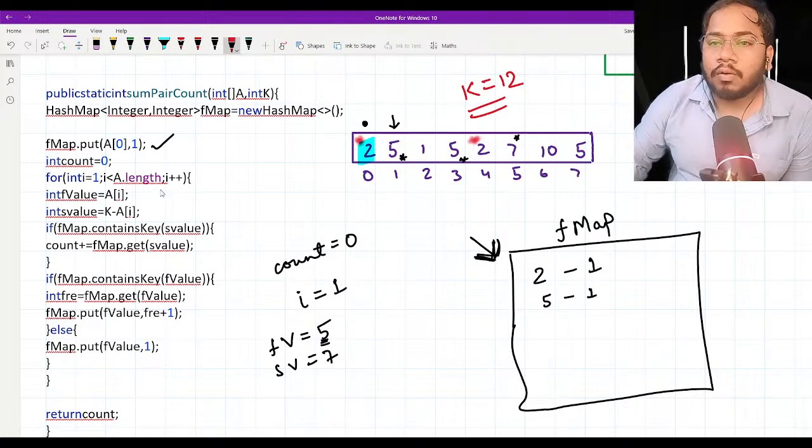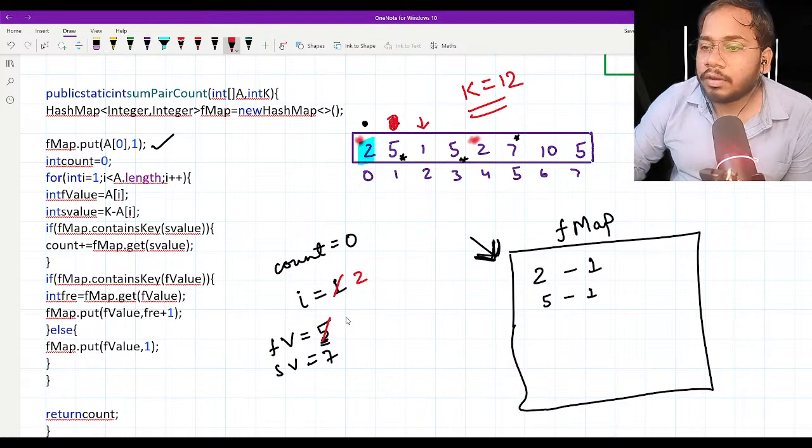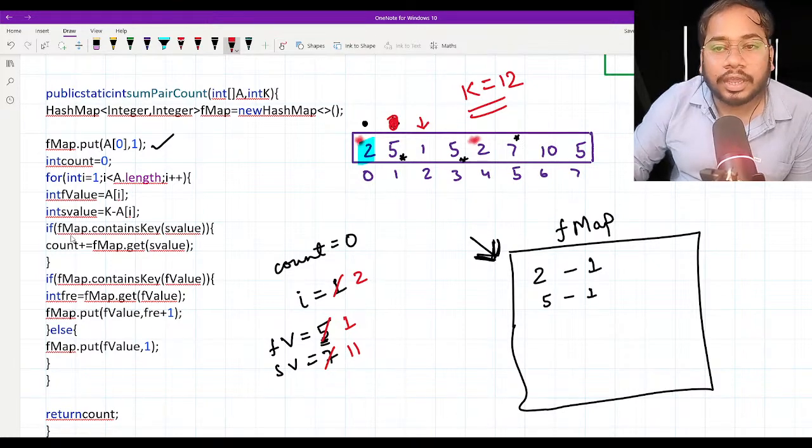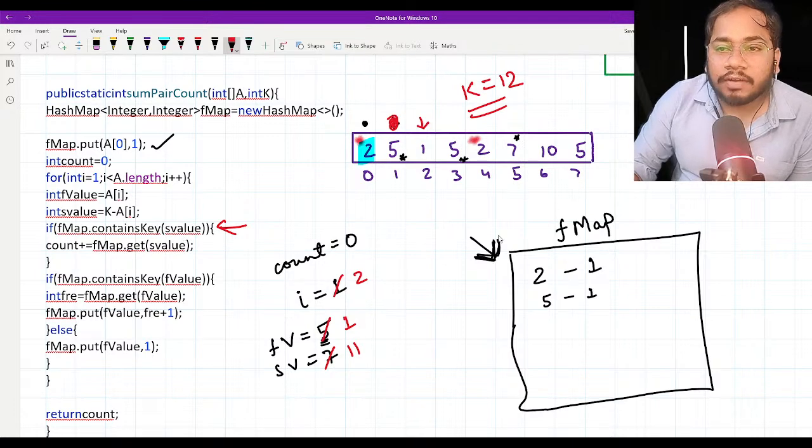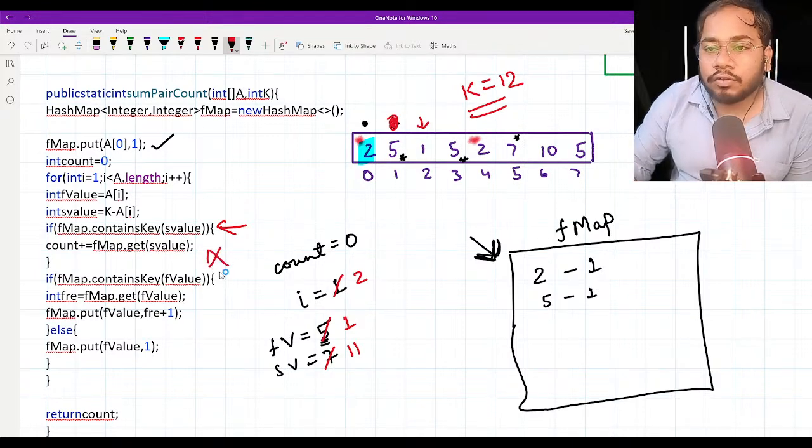Second iteration. Now it will be i plus plus, so i will be 2. So if i is 2, the first value will be 1, so the second value will be 12 minus 1, that is 11. Now check again: is the second value present? No, that is not present.